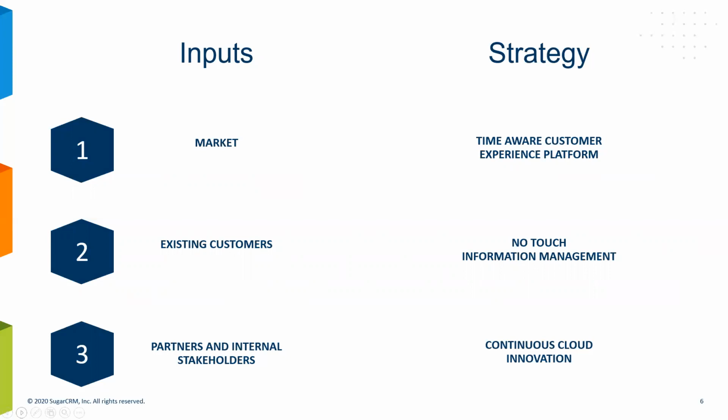And what we try to do, there's usually more requests than we have resources to fulfill them. So we try to take those and prioritize them through a strategy filter, if you will. And last year, I don't know if you remember, but we introduced sort of a new overarching strategy built around 3 pillars of time-aware customer experience platform, no-touch information management, and continuous cloud innovation.